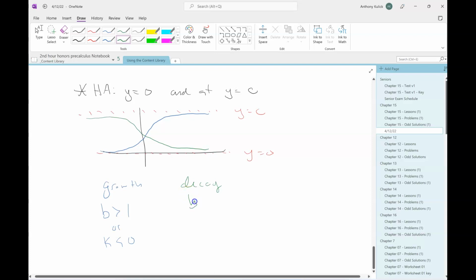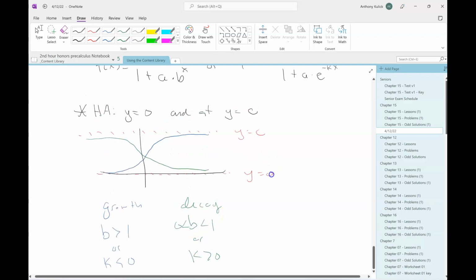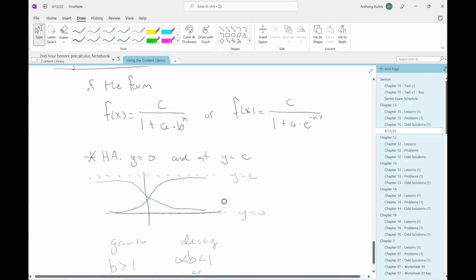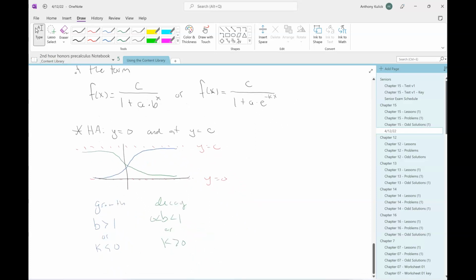For decay, the b value would be between 0 and 1, or the k value would be greater than 0. Again, depending on which version of the logistic function you have.